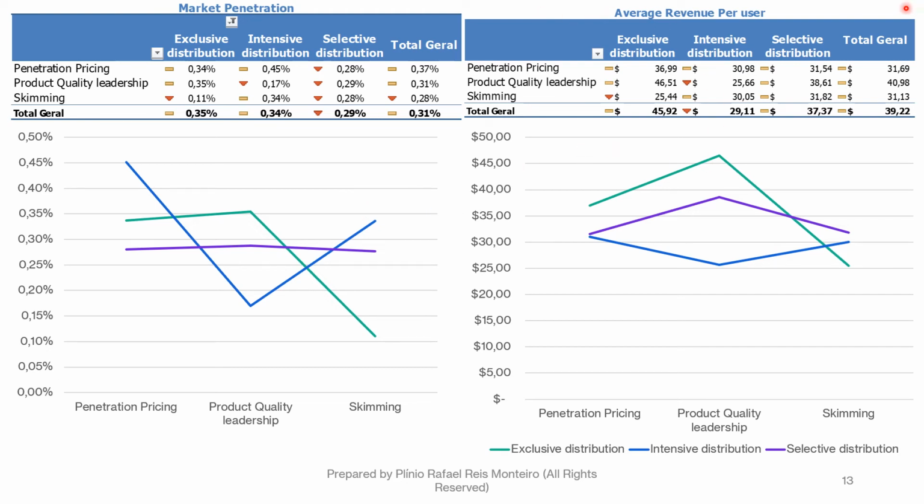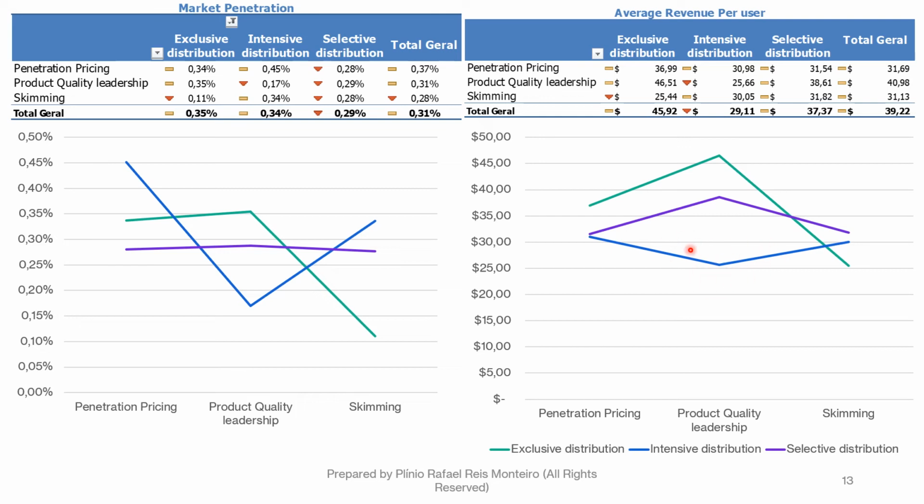But looking at the average revenue per user, according to the same factors, we can see that there is a different trend. For instance, product quality leadership most of the time achieves the highest average revenue per user. So if you have higher prices, customers will spend more money with your product, especially if you have exclusive distribution. But with intensive distribution, product quality leadership does not perform so well.